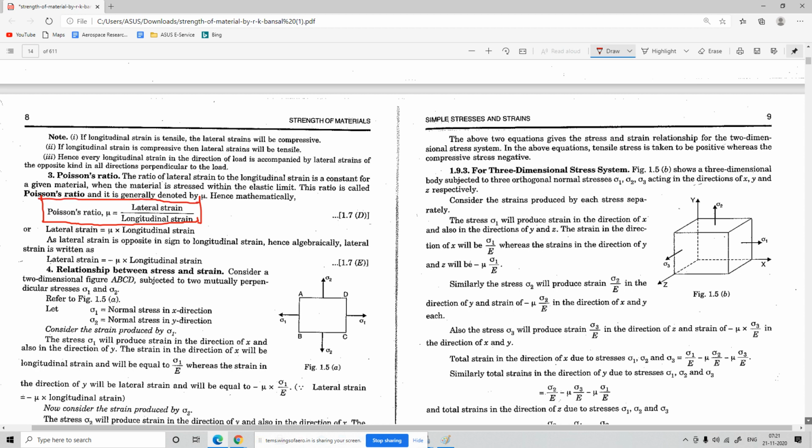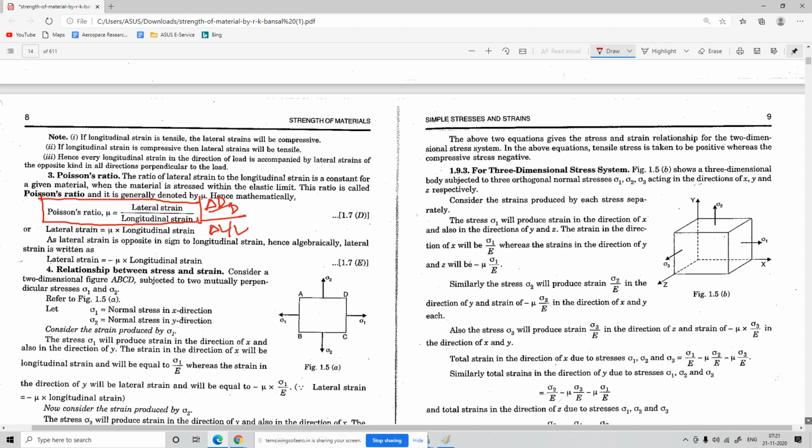Lateral strain by the longitudinal strain. So what is lateral? Already I have said, change in diameter by original diameter, or the change in length by the original length. However you define it, it doesn't matter much. That we will mention later.